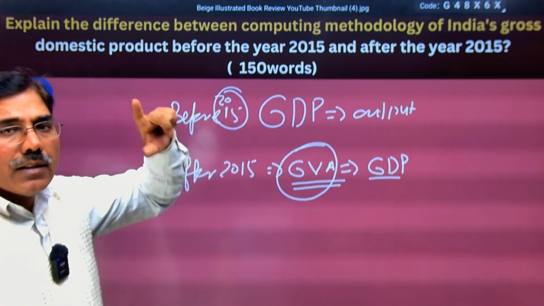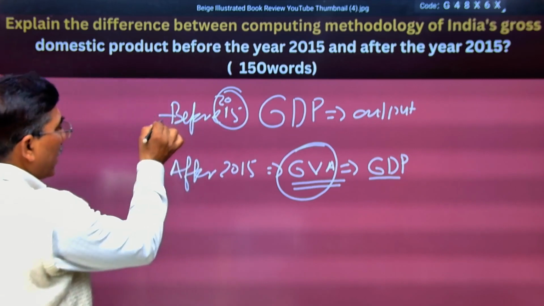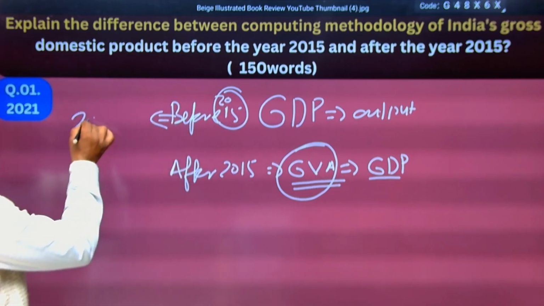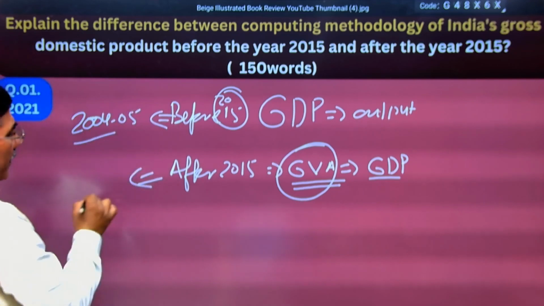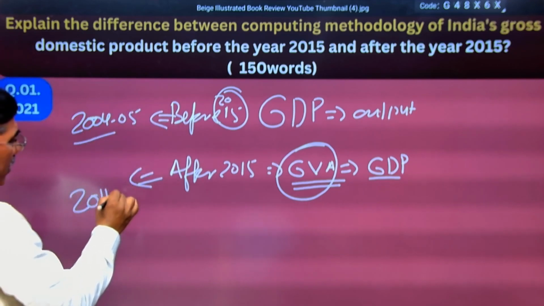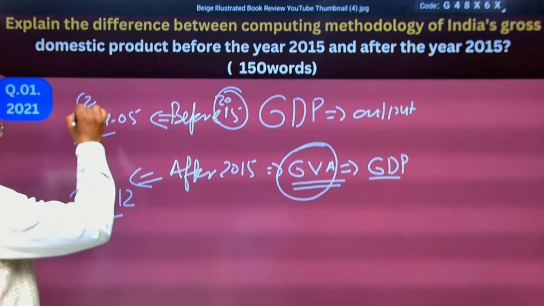One is clear, that is the methodology. Second, before 2015 we were using the base year 2004-05. After 2015 we are using the base year 2011-12 for GDP calculation. That is the second difference.